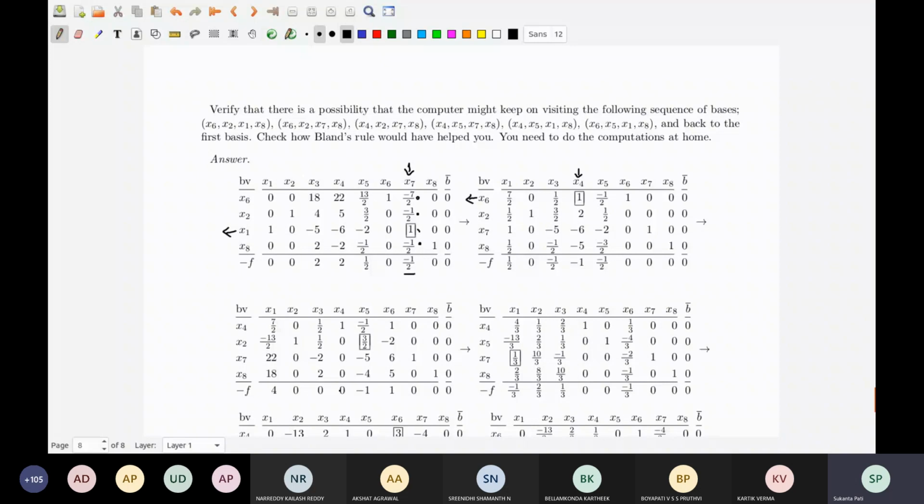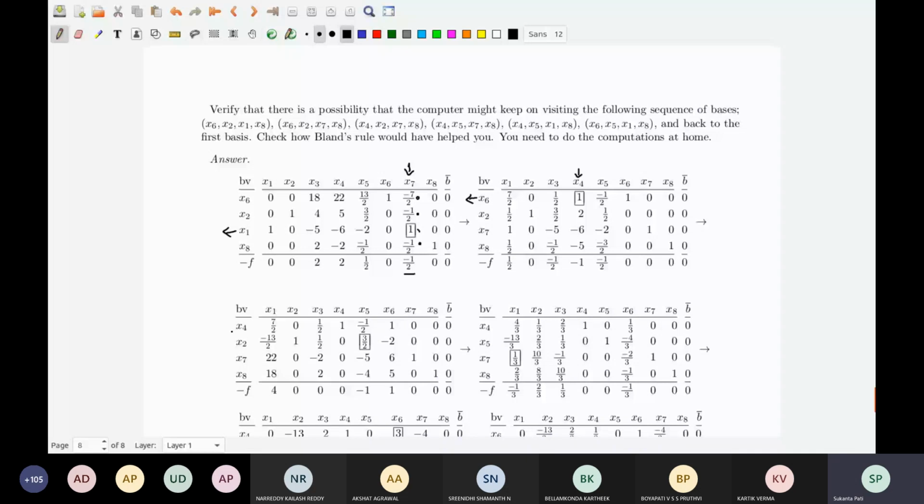So now I am at a new basis. Every time notice the alpha max is 0. So basically I am standing at the same physical point, but the computer keeps generating simplex tables for different bases. Right now it has generated the simplex table for x2, x4, x7, x8.